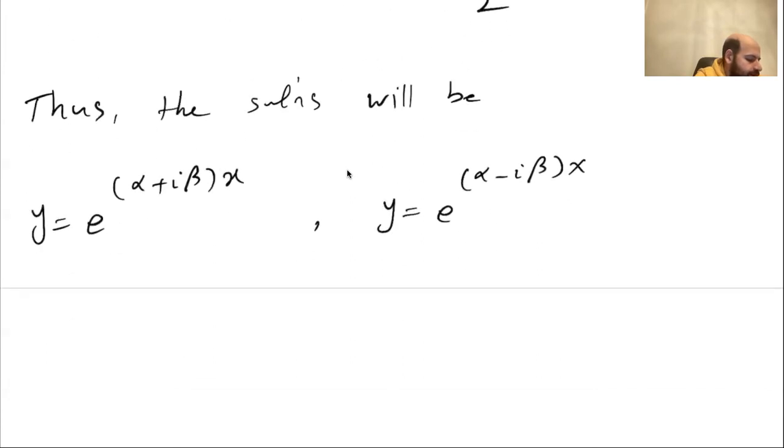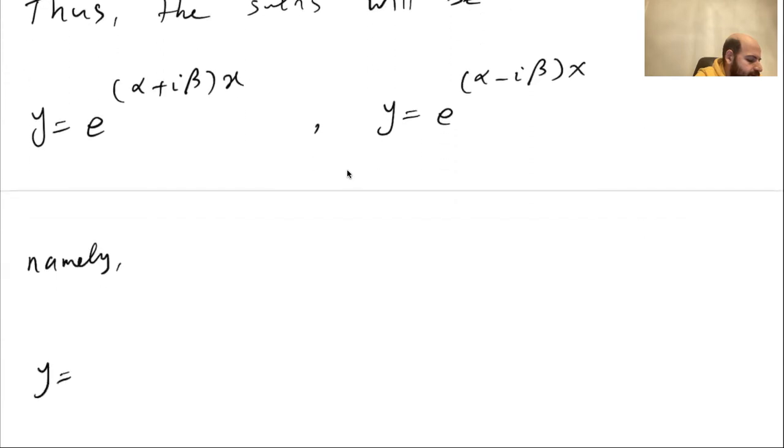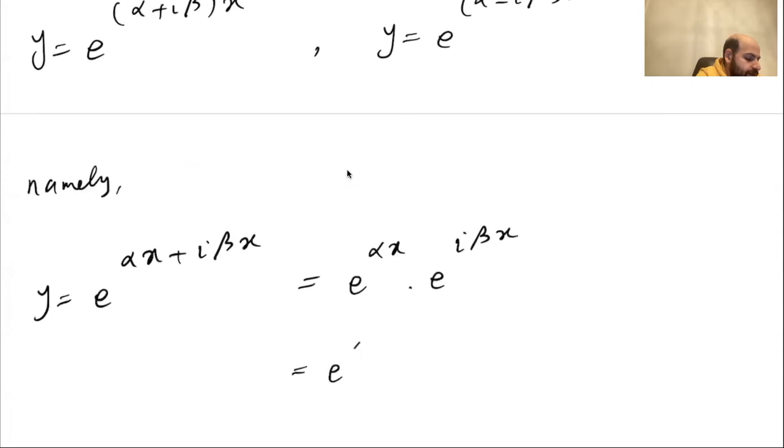And the first one we can write as e to power alpha x plus i beta x, which is e to power alpha x times e to power i beta x, and I can write it as e to power alpha x times cos beta x plus i sine beta x.